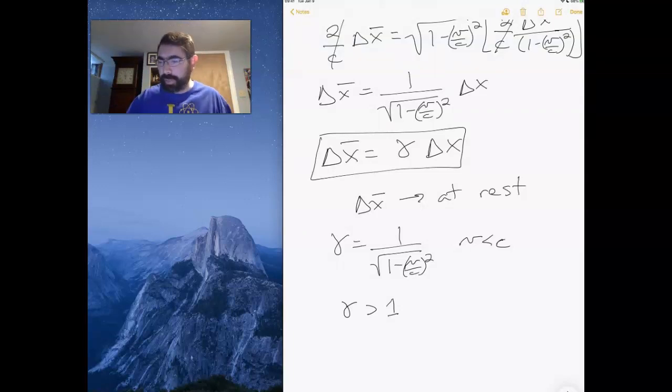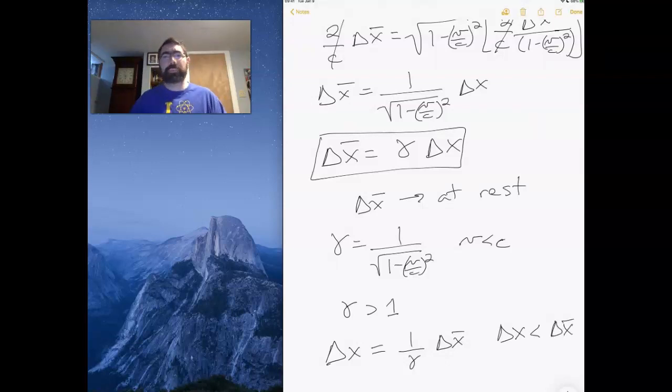But that means my measurement delta x, which is 1 over gamma times the length at rest, is going to be less than delta x bar. So my measurement outside of the truck shows a shrinking of the length as opposed to the person who's measuring it from inside.